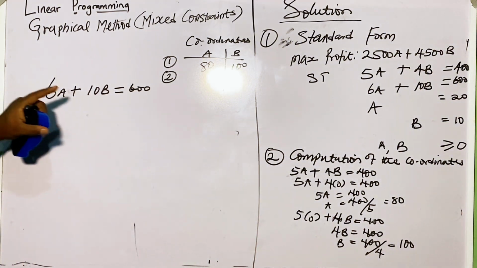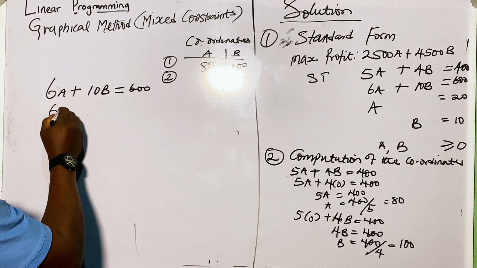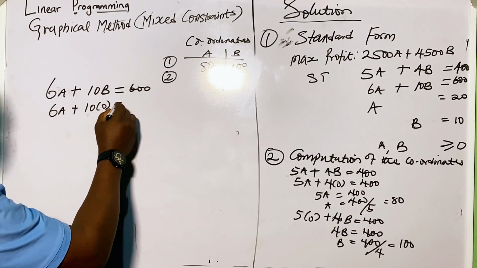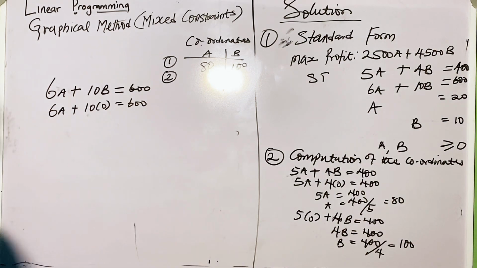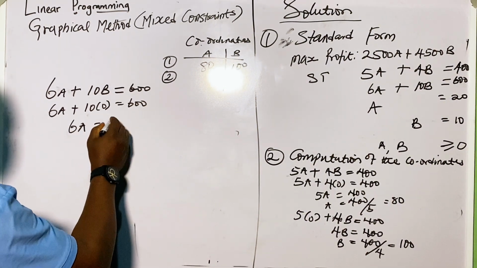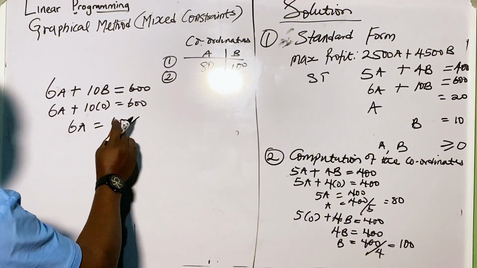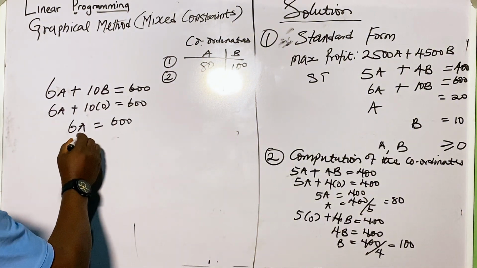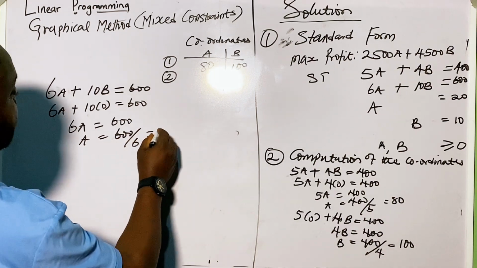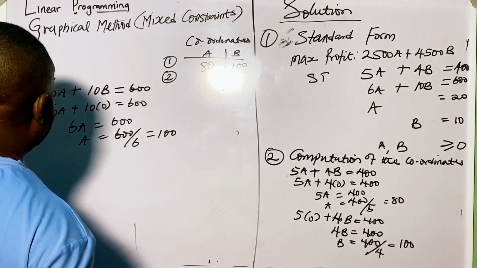So we hold B constant, that is to say that we have 6A plus 10 by 0 will be equal to 600. Then 6A will be equal to 600, where A will be equal to 600 by 6, which gives me 100.